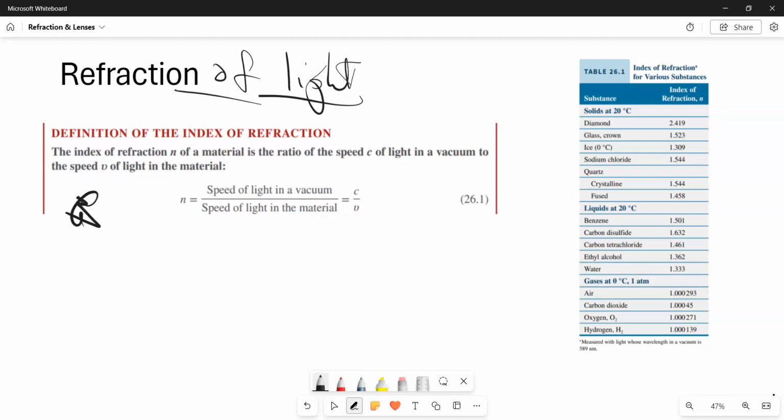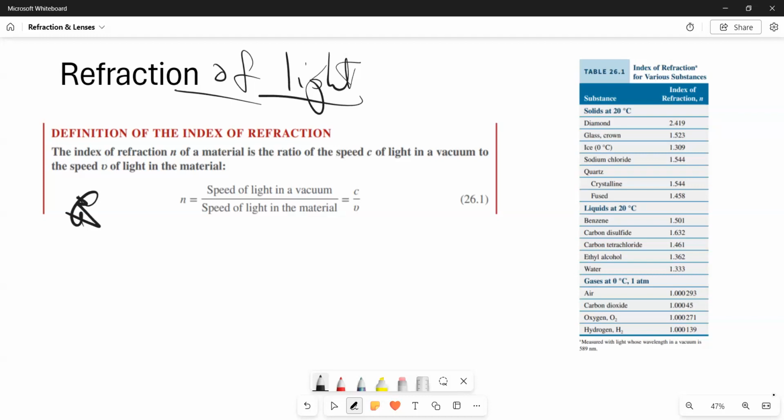And because of this slowing down, the light actually, let me use the word loosely, bends or deviates from the direction it was going by a small angle, of course. So that's what refraction really is. It's the slowing down of light as it moves from one medium to the next.